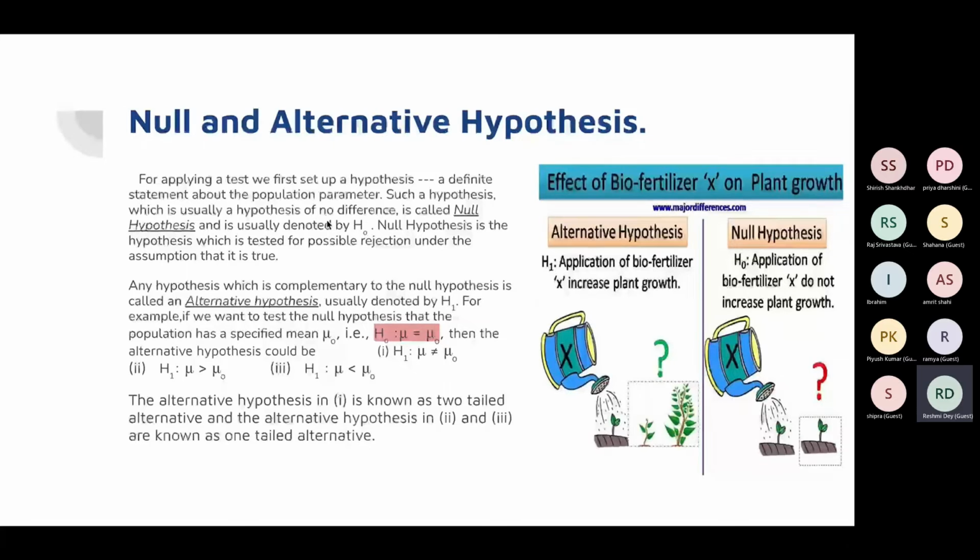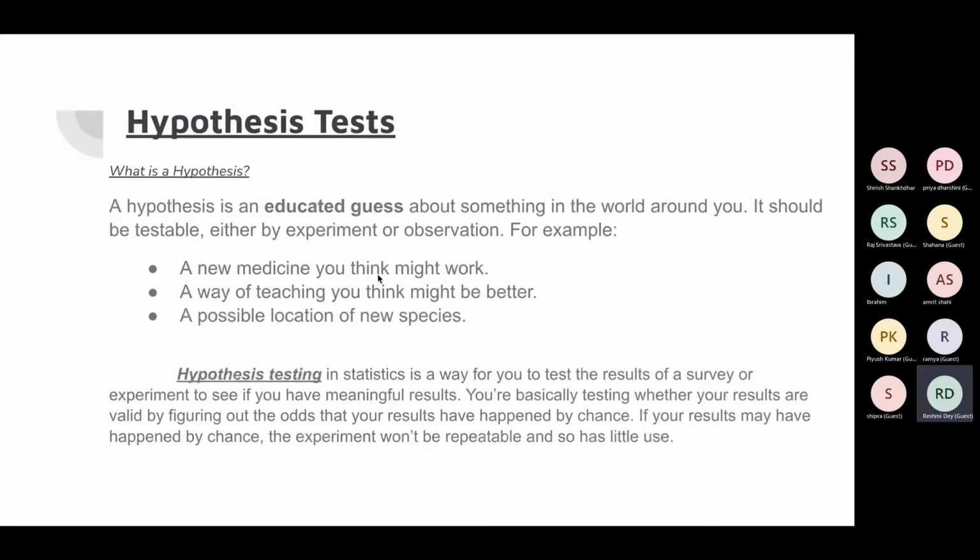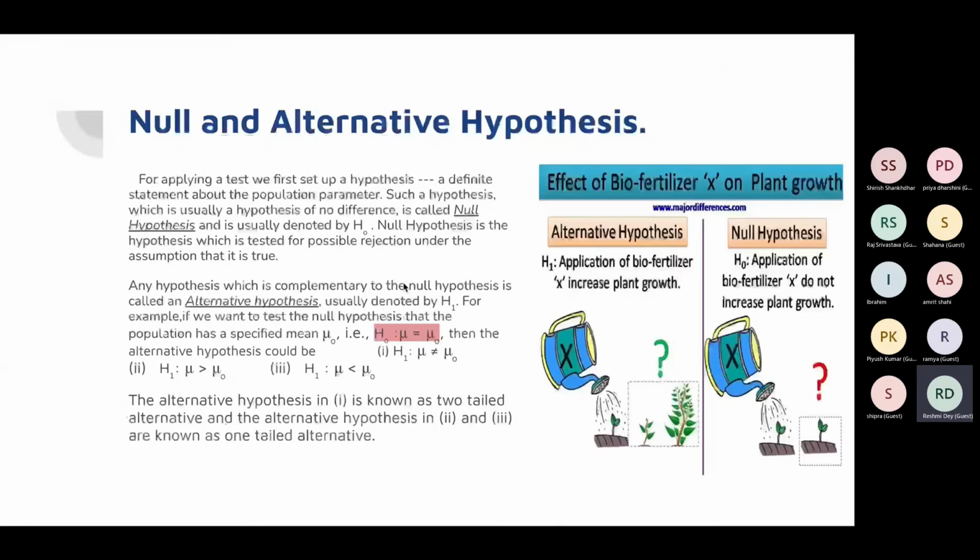Now we come across null hypothesis and alternative hypothesis. For applying a hypothesis test, we first need to set up a hypothesis on which our test will be based. Like in this example, a new medicine will work or not. My hypothesis is that either it will work or it won't.